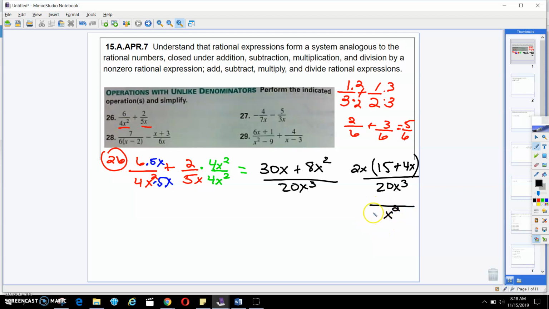And 2 divided by 20 is going to give us 10 in the denominator, with 15 plus 4x left over in the top. Kind of just depends on the test, if they want you to write it a certain way, but obviously the most correct way to write this would be 4x plus 15 over 10x squared.